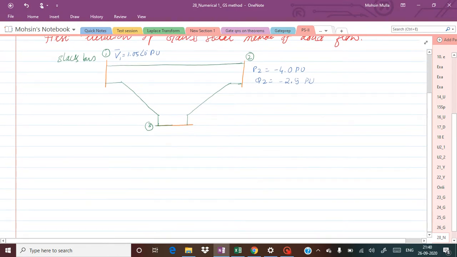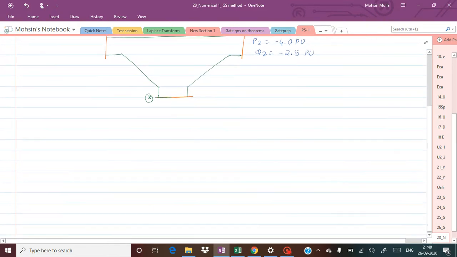For bus 3 they have given active power P3 equal to 2.0 per unit and bus voltage V3 equal to 1.04 per unit.